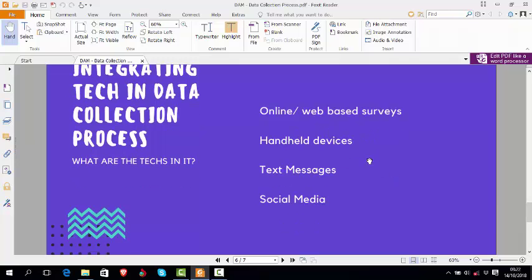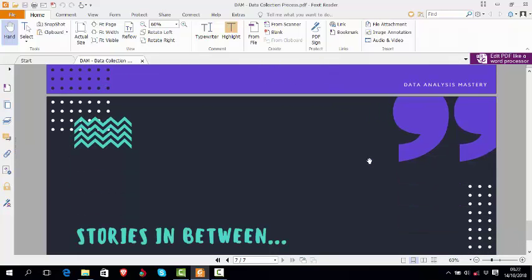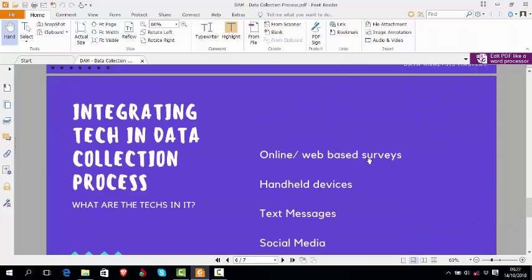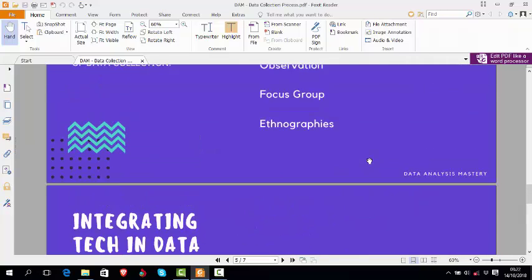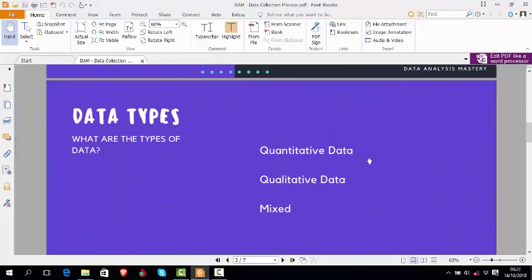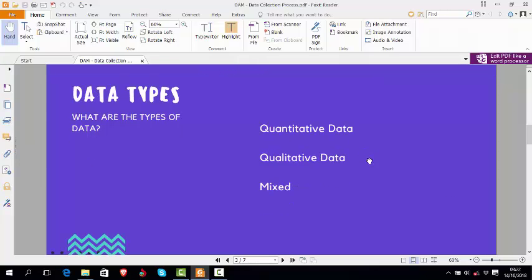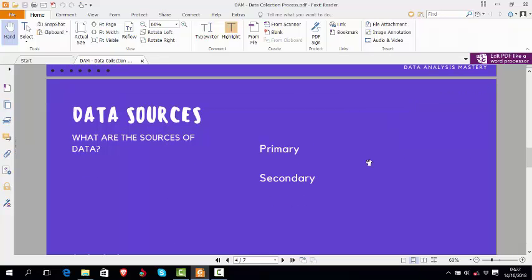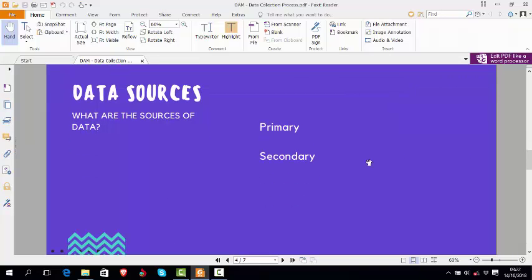So to round everything up, the data collection process is just for you to understand your data types. Know that, okay, my data is qualitative or quantitative or a mix of both. Know that your data is primary and not secondary, or it is secondary and not primary.